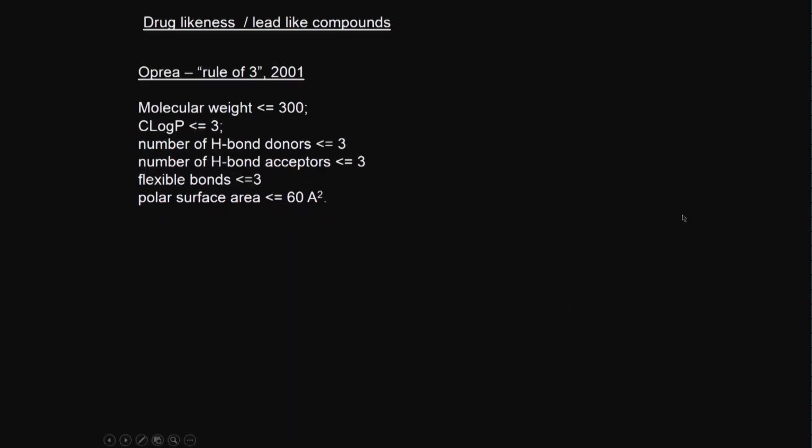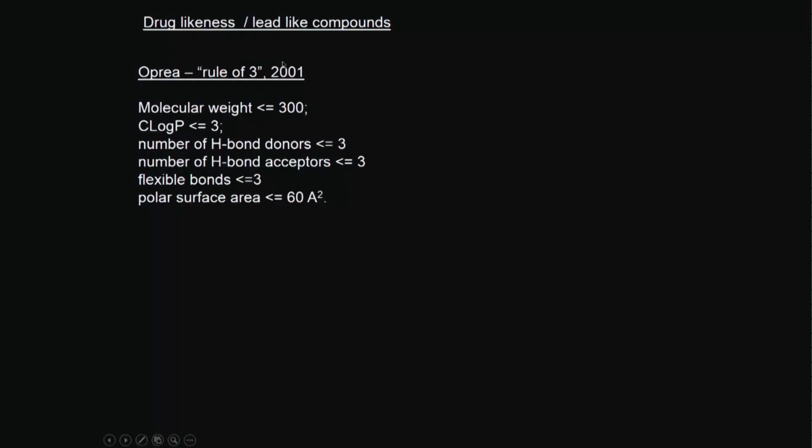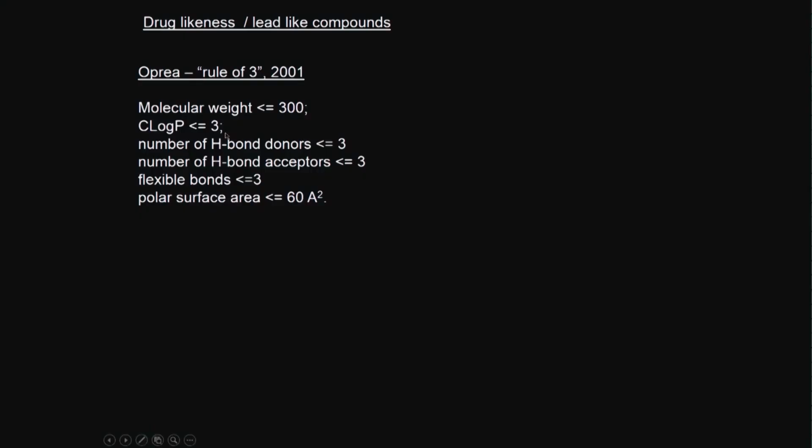So, drug likeness and lead like compounds. There are many rules, just like we looked at Lipinski's rule and Muegge rule and things like that. This is called the Oprea rule of 3, from 2001. Molecular weight should be less than 300. As you can see, for Lipinski's rule we said less than 500. Log P less than 3, so again log P has become very stringent.